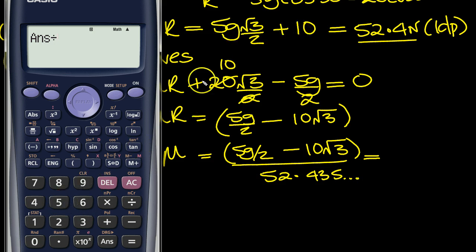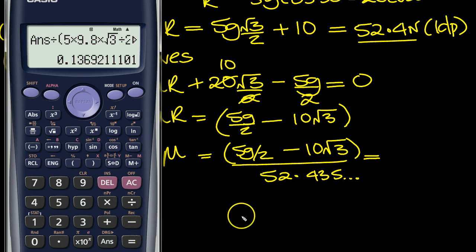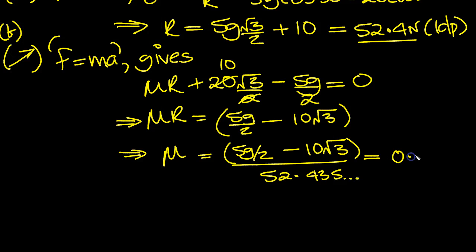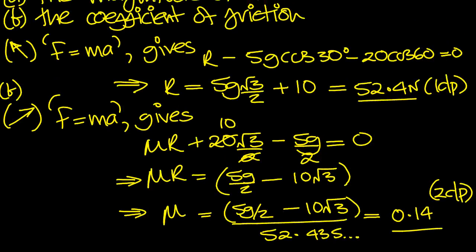Or I can put it in here, so I'll put bracket, 5 times 9.8 times the square root of 3, outside the square root, divide by 2, plus 10. That's the 52 number, equals 0.136, so that's 0.14, isn't it? And that was to 2 decimal places. And that's the coefficient of friction in part B.